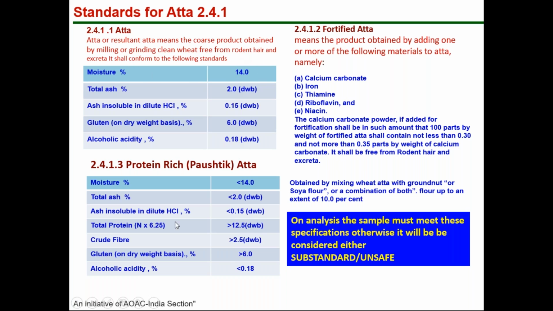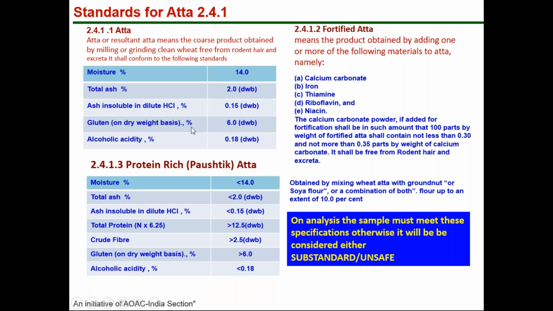Why is the moisture set at 14%? Because above 14%, you will see that there can be yeast and mold growth, and it is also prone to insect attack. Why should the acid insoluble ash in dilute HCl be limited? Because this shows the silica content or any mud that has been carried. We know that silica contains inorganic metals, and so these are hazardous and cannot exceed the limit.